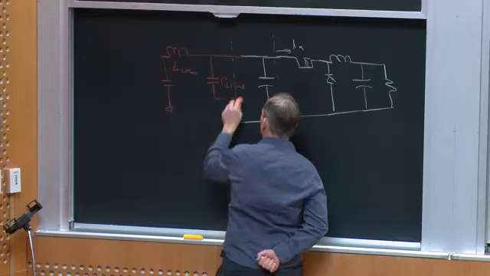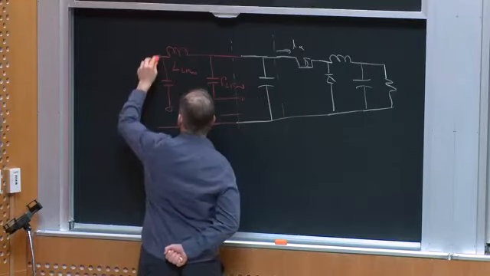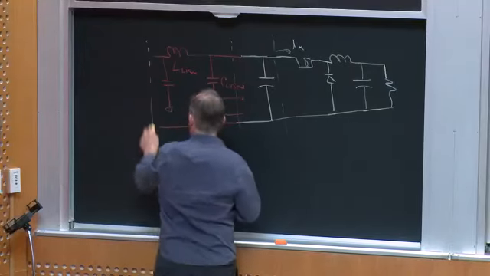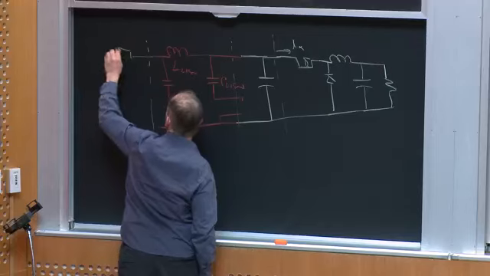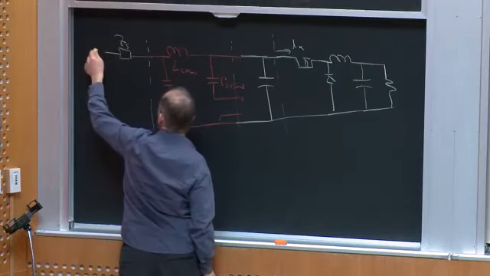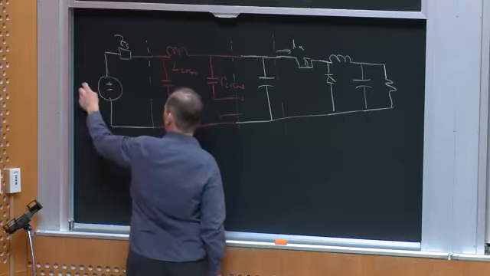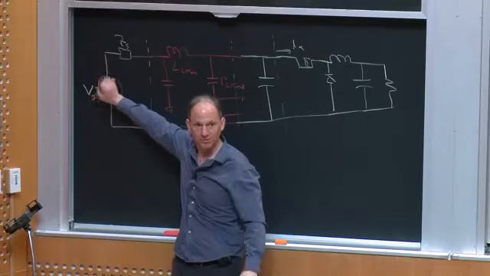And then this is going to have some output, and then I'm going to connect this into the power source. So here we go. Here's ZS, and here is VS, right? So this is whatever my usual source is.